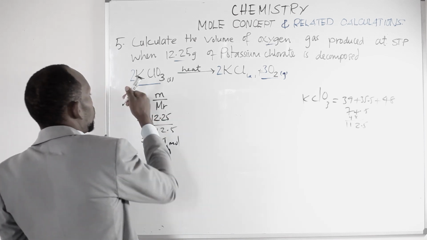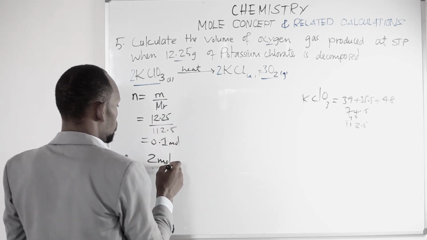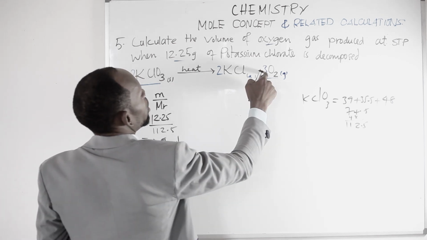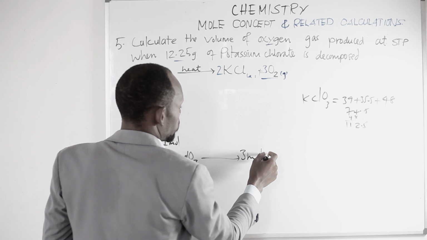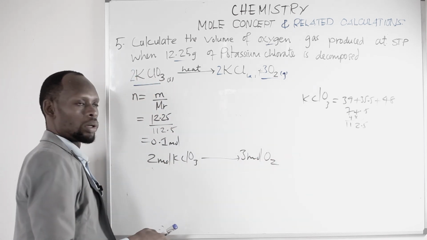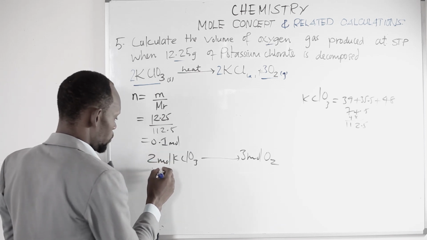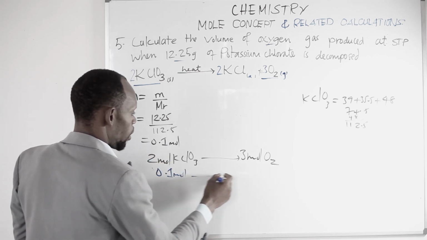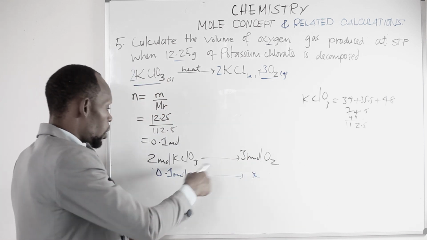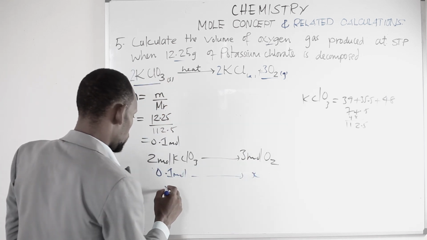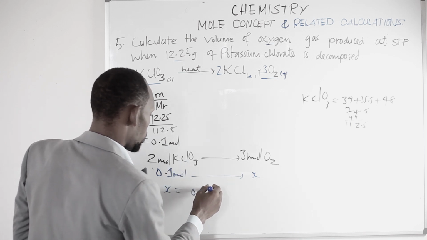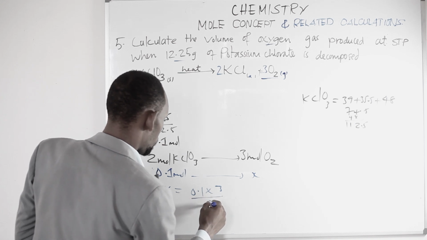If 2 moles of potassium chlorate produce 3 moles of oxygen, and here the number of moles of potassium chlorate is 0.1, then by cross multiplication, x equals 0.1 times 3 divided by 2.